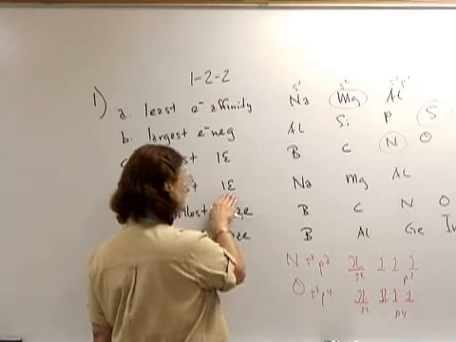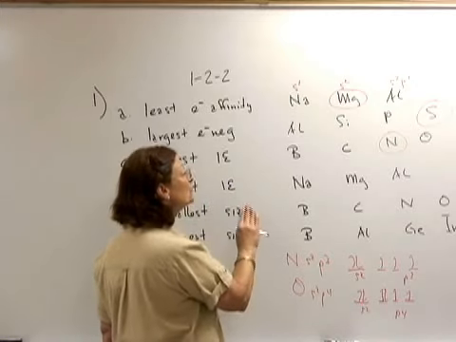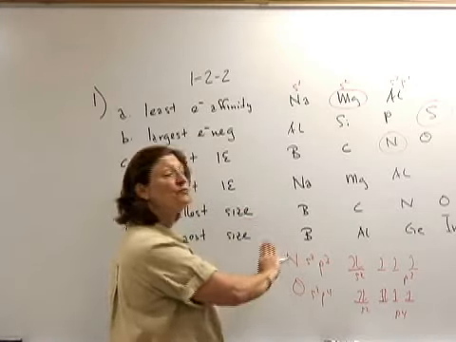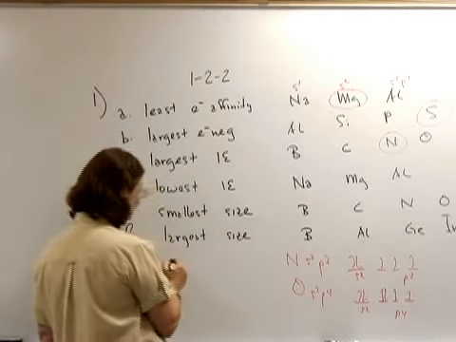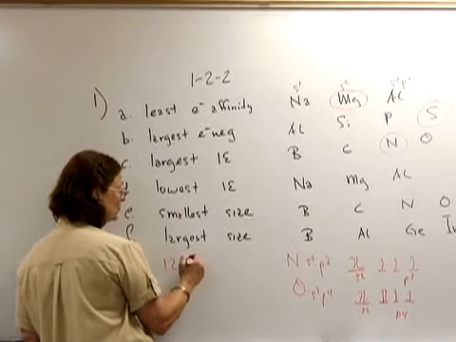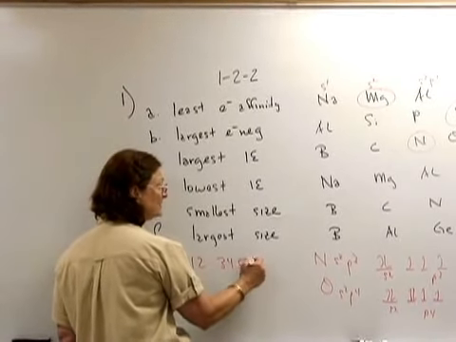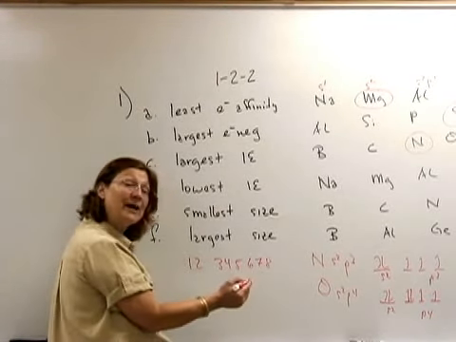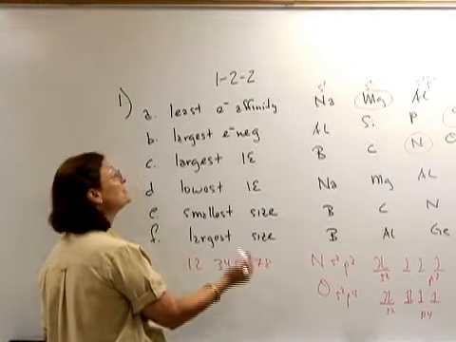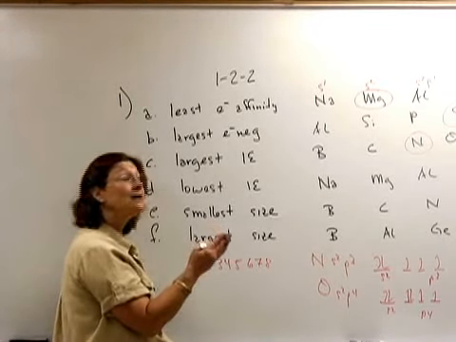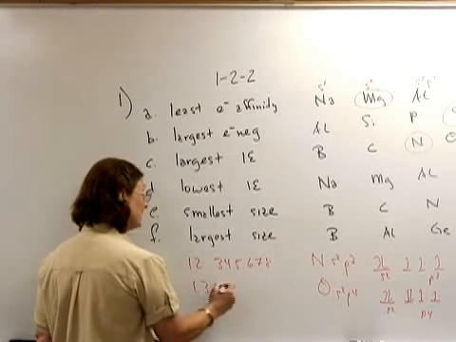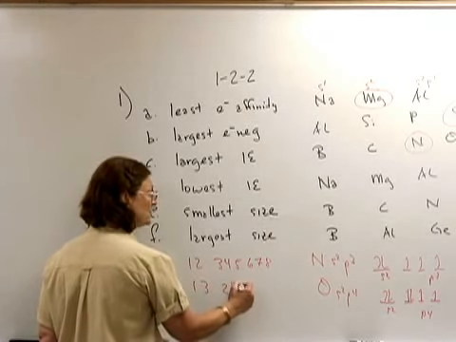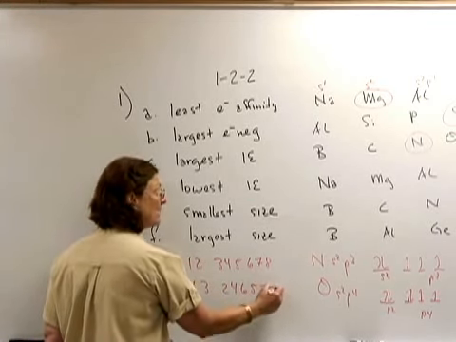The lowest ionization energy: in general, the trend is that it does increase as it goes from left to right. You'll recall that we sometimes think it goes 1, 2, 3, 4, 5, 6, 7, 8. But because of the exceptions in ionization energy and electron affinity, we go 1, 3, 2, 4, 6, 5, 7, 8.